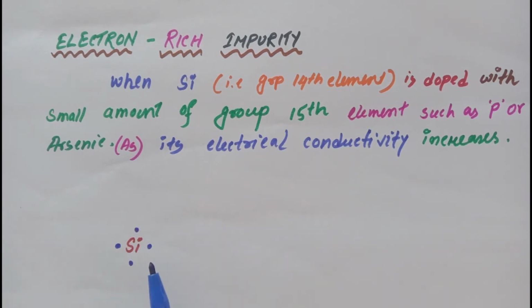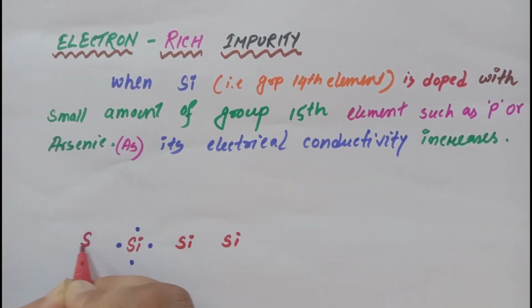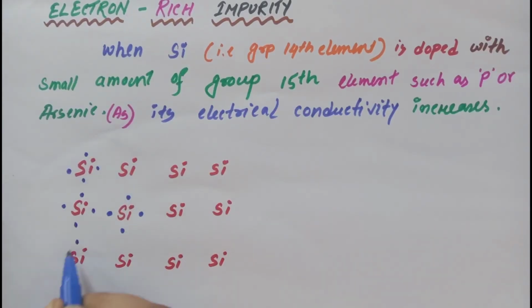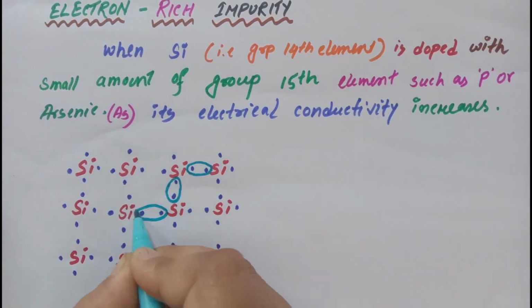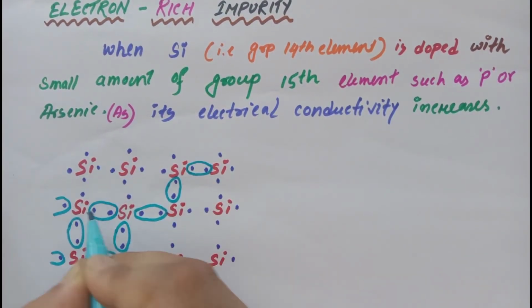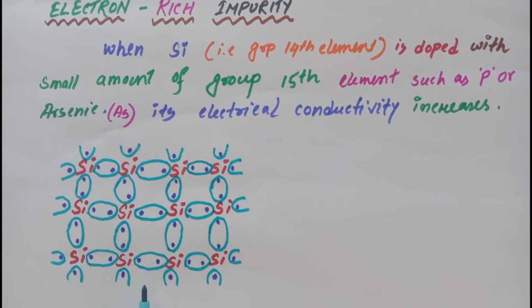See, this is a silicon atom. It has 4 valence electrons. This is a crystal of silicon atoms.